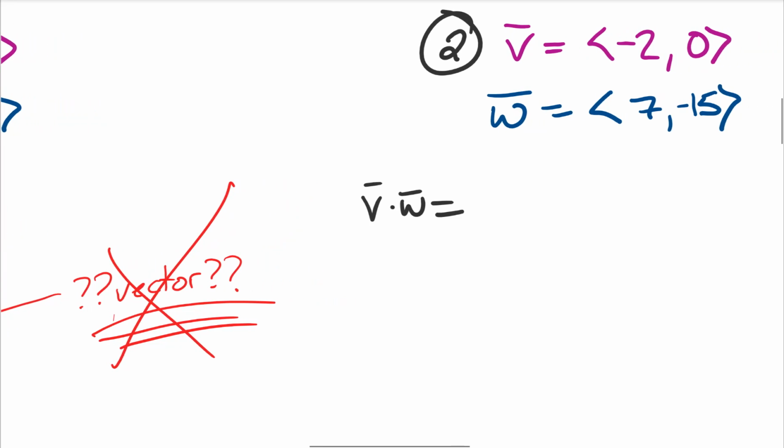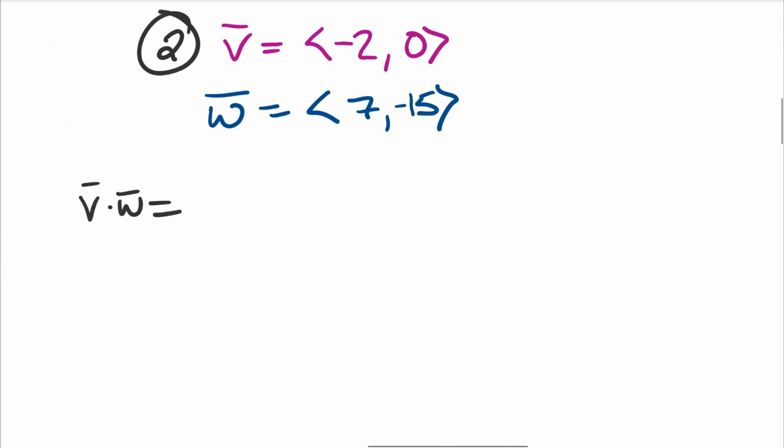Okay. Going back. Look at these two vectors we're about to dot together, and we're just going to get some number out. All right. Let's do it. So the first thing is, take these two. We're going to multiply our horizontal components together. Cool. And now we've got to multiply our vertical components together.